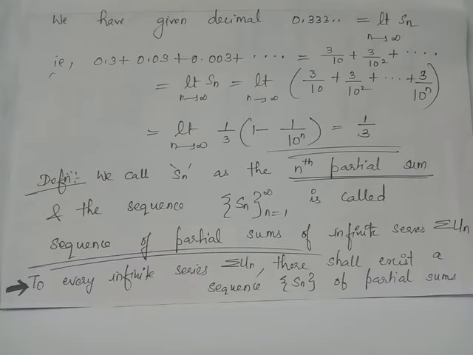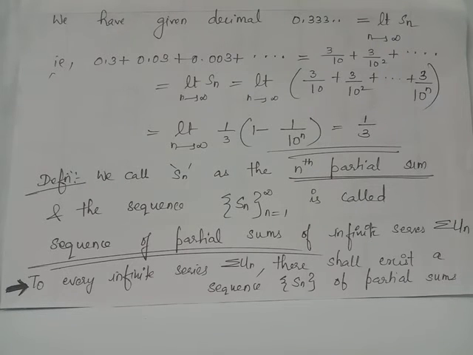0.3 plus 0.03 plus 0.003 plus etc. up to infinite terms is equivalent to limit n tends to infinity 1 by 3 times 1 minus 1 by 10 raised to n. 1 by 3 can be taken outside the process of application of limit. When you apply limit n tends to infinity to the term 1 minus 1 by 10 raised to n, 1 by 10 raised to n becomes 0.